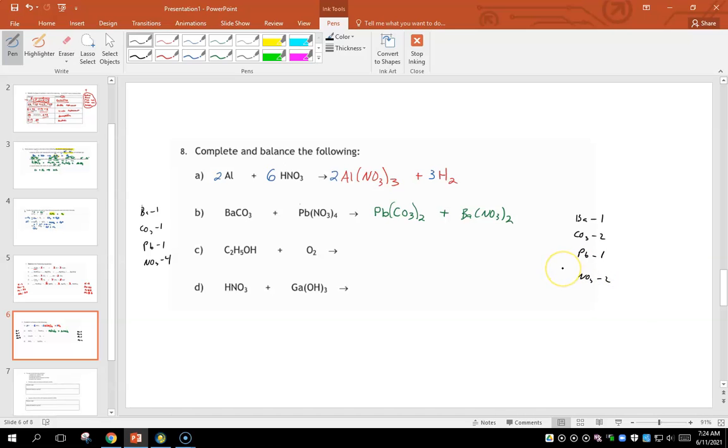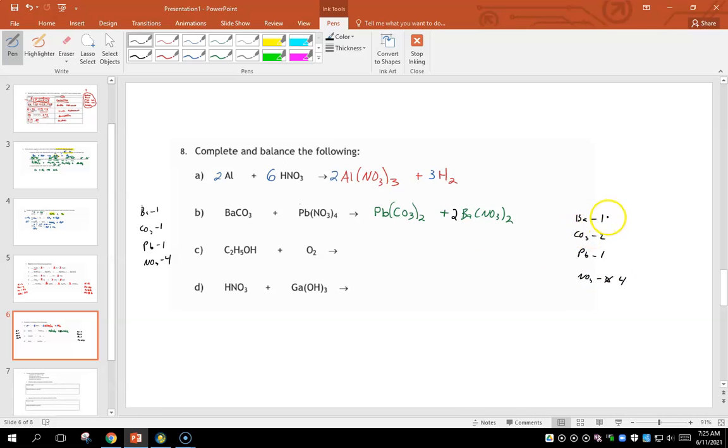Okay? So, in order to get myself to 4 nitrates on the right, I'm going to have to put a coefficient of 2 right there, which brings this to 4.